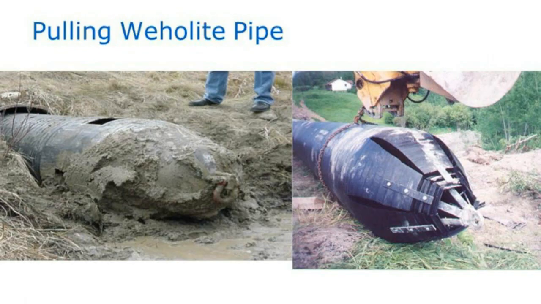So in some cases, it may be necessary, depending on the site conditions, that you can't get equipment in to push or to pull. So what can be fabricated is what we refer to as pulling heads.